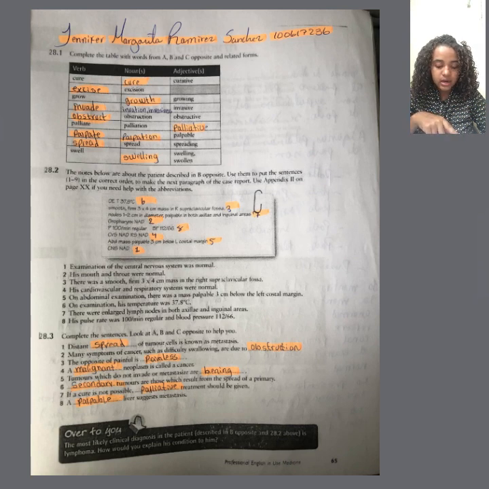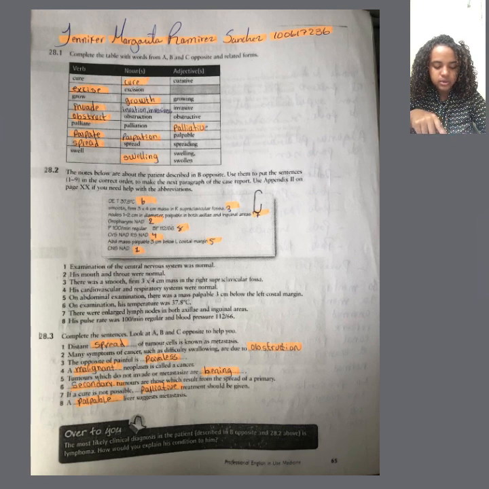Number 6. On examination his temperature was 37.8 degrees Celsius. A small mass, 3 by 4 centimeters, in the right supraclavicular fossa. Number 3.